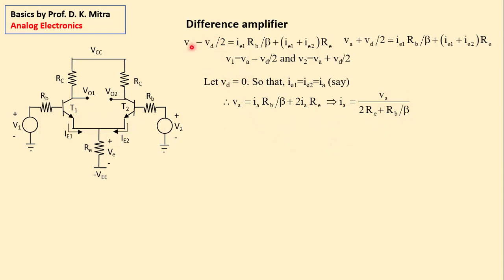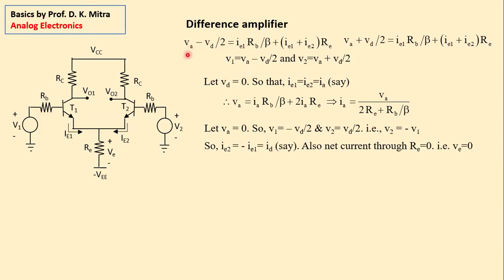Next, we have considered VD equal to 0. Now we shall consider VA equal to 0. If we consider VA equal to 0, then V1 is equal to minus VD by 2 and V2 is equal to plus VD by 2. And from there what we find is that V2 is equal to minus V1.